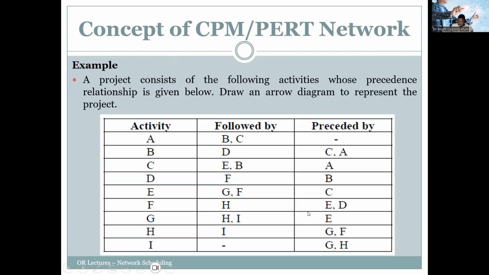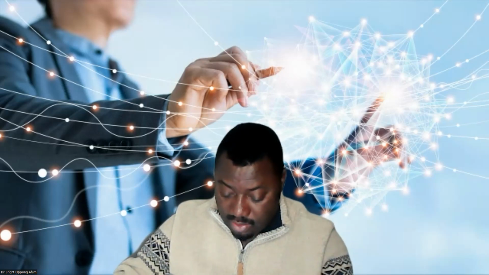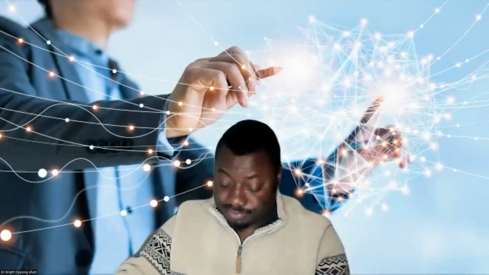All right, so we can look at this typical example here and see how we can construct such a network. So let me bring the whiteboard and let's do this together. We have the whiteboard here.